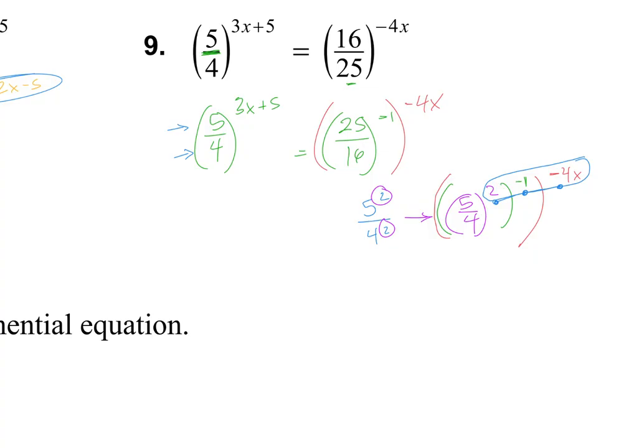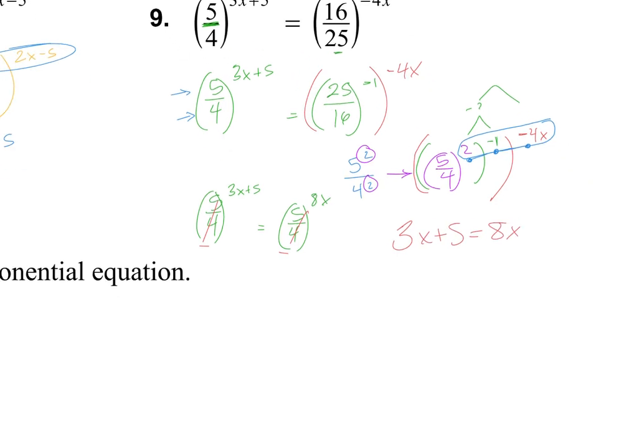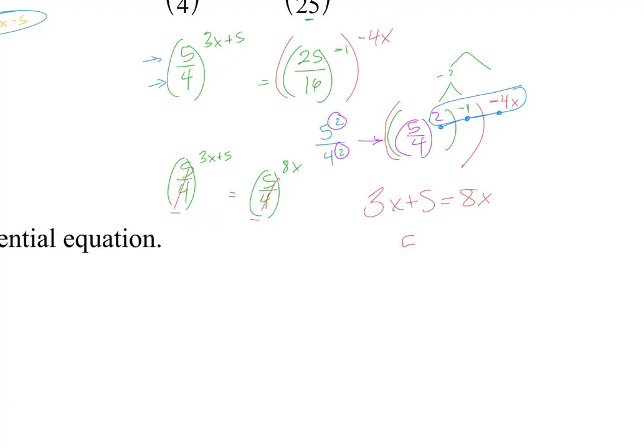On the left, we have 5/4 to the 3x plus 5 power. And on the right, we have 5/4 to the 8x power. 2 times -1 is -2. -2 times -4x, that's positive 8x. Same base, we ignore them, and it's got to be 3x plus 5 equals 8x. Subtract 3x from both sides, we get 5 equals 5x, so x equals 1.